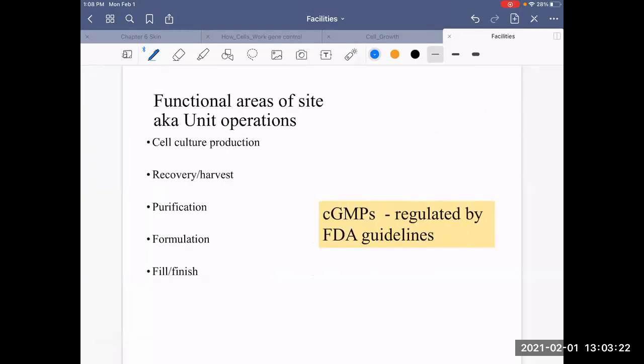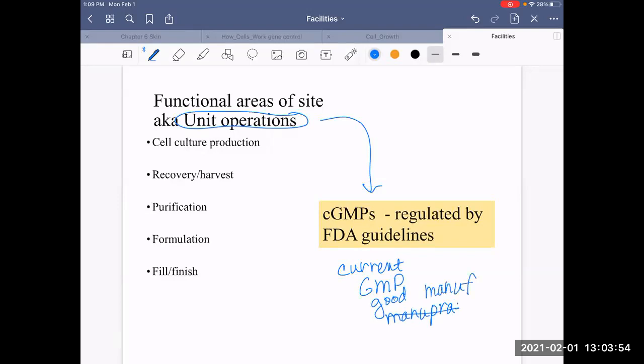Okay, now when we talk about the functional areas of the site, they also call them units, right? So how these units are going to operate. Okay, all of this stuff is regulated by CGMPs. Okay, so C stands for current, and GMPs are good manufacturing practices.